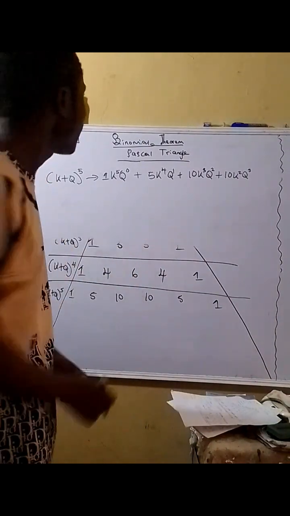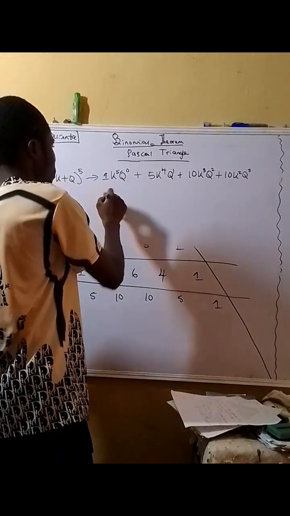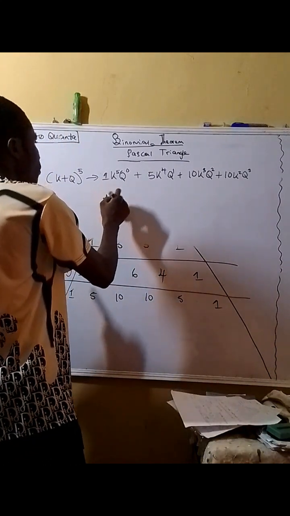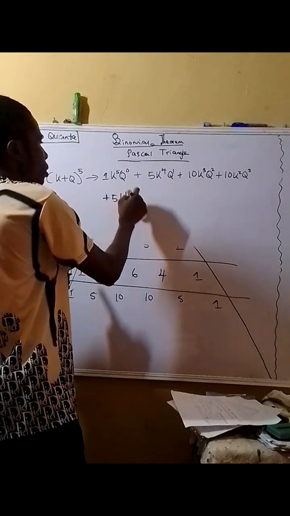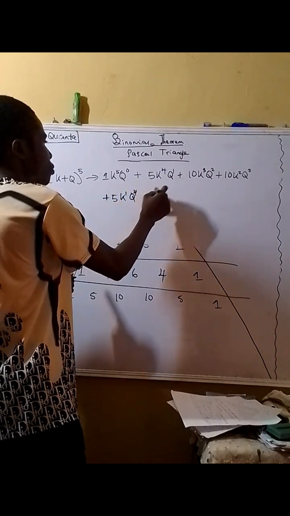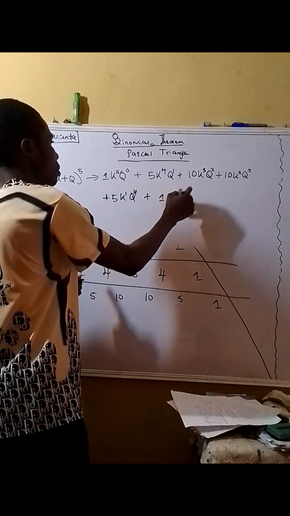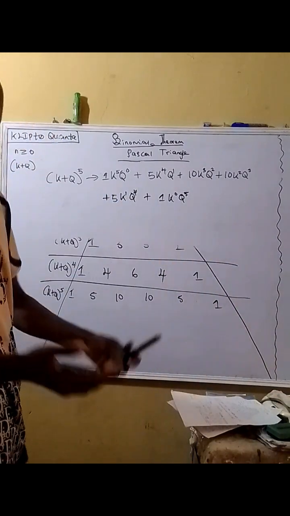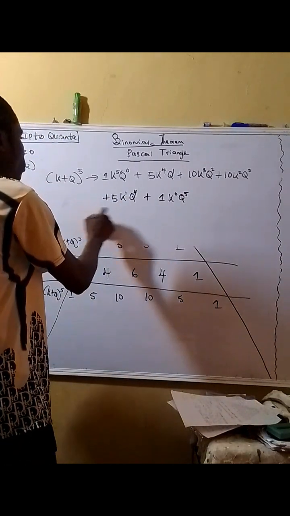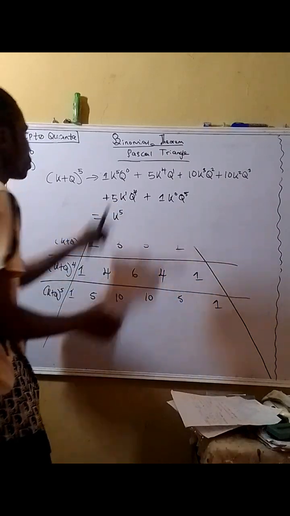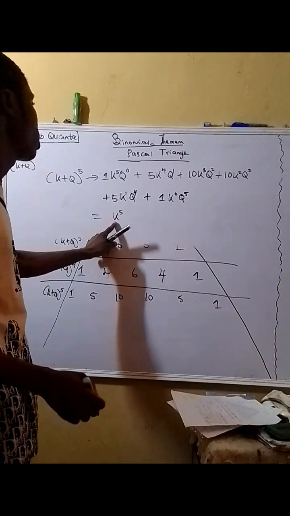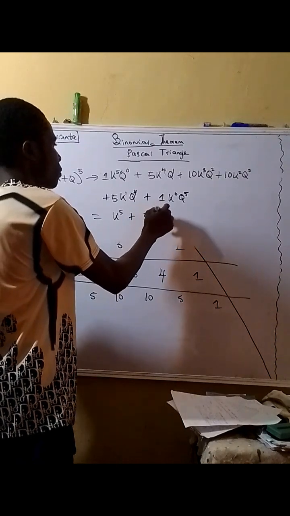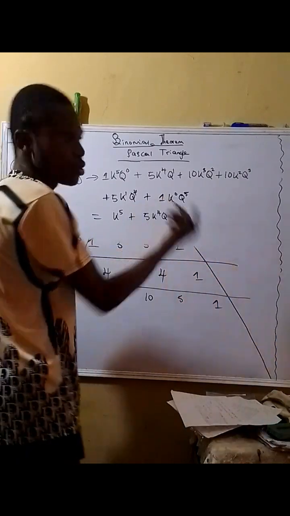Do good. Now from there the next one we have is 5, plus 5, where k becomes 1, q becomes 4. Plus 1, k becomes 0, q becomes 5. Are you with me? So this is an expression of what we are trying to explain. This becomes k raised to power 5, because k raised to power 0 gives you 1, and 1 times 1 gives k raised to power 5, plus 5k raised to power 4 q raised to power 1, or ordinary q.